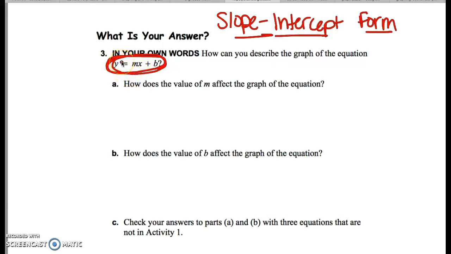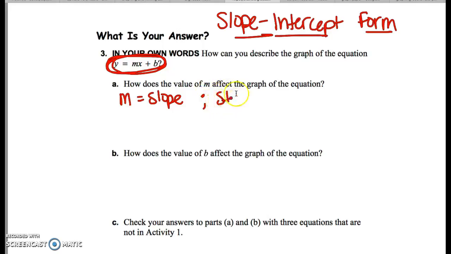When your equation says y equals, m is your slope, okay, that's in front of the x, b is your y-intercept, it's that other number tacked on. So, A, how does the value of m affect the graph of the equation? First of all, I want you to write that m is the slope. And how does it affect a graph?